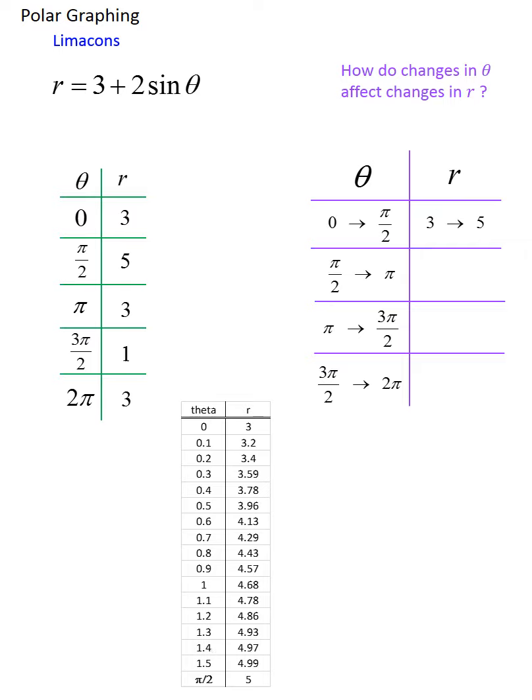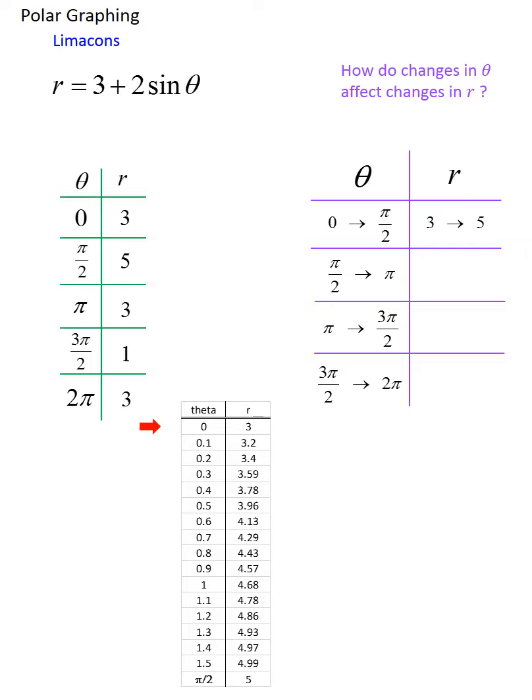Now let me be a little more explicit about what I mean by that. This is not something you would actually do, but notice that I've picked a bunch of theta values here from 0 to pi over 2 being about 1.57 radians. And I've computed on a calculator r for each and every one of these choices of theta.